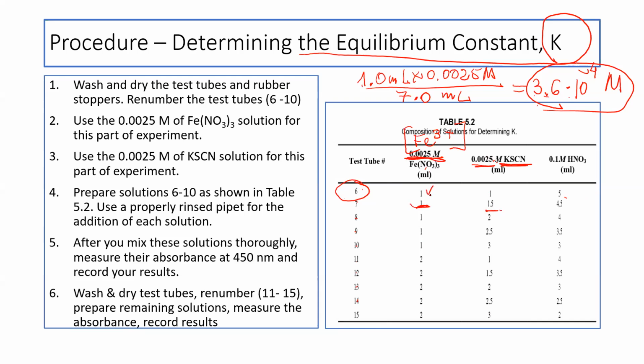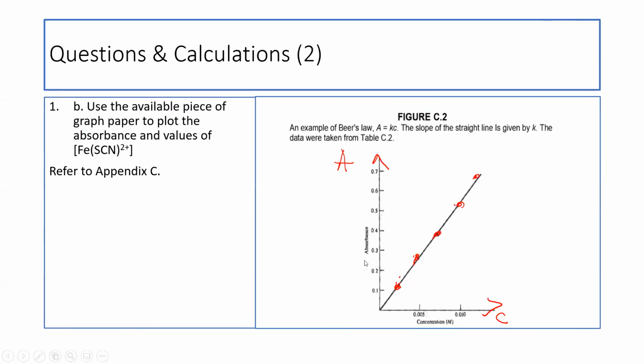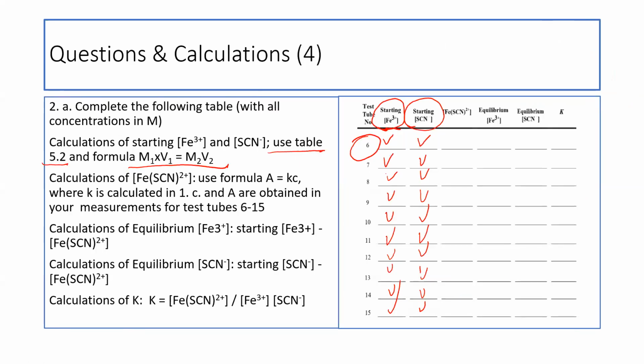That means for test tubes 6, 7, 8, 9, and all these, the concentrations for iron will be the same, right? And so on. So you will do it very easily, not so hard. Here you will have your values 3.6 times 10 to the negative 4th, 3.6 times 10 to the negative 4th, and you will do the rest.